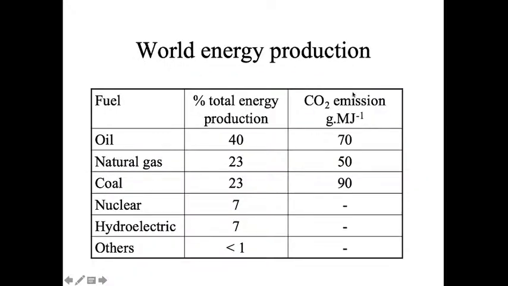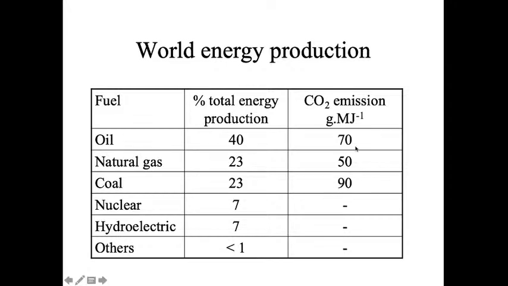So this is a not very current depiction of the world's energy production. We'll just stick with it as an estimate because we don't, for the IB, need to be super precise. So when this diagram was created, we had 40% of the total energy production as oil, 23% is natural gas, 23% is coal, 7 is nuclear, 7 is hydroelectric, and less than 1 as solar and wind and tidal and all of that.